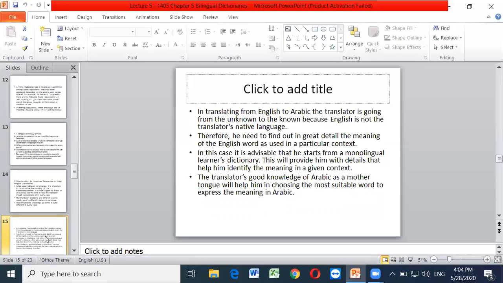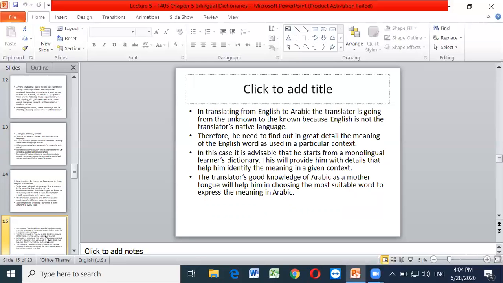In this case, it is advisable that he starts from a monolingual learner's dictionary. We have dealt with this point in great detail in chapter 3. This will provide him with details that help him identify the meaning in a given context.